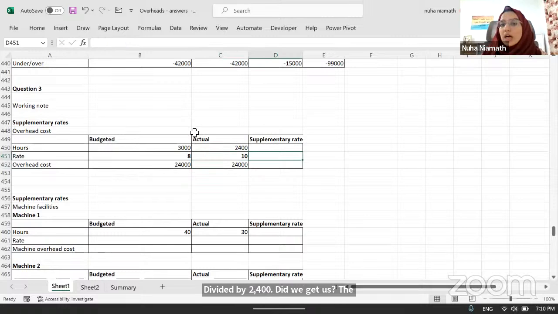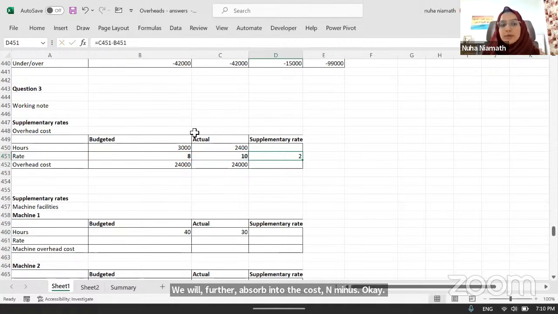So that implies our supplementary rate. We have actually absorbed only 8 rupees. We will have to absorb for an overhead cost of 10 rupees. So that means we have under absorbed. So we will further absorb into the cost another additional 2 rupees, because 10 minus 8.